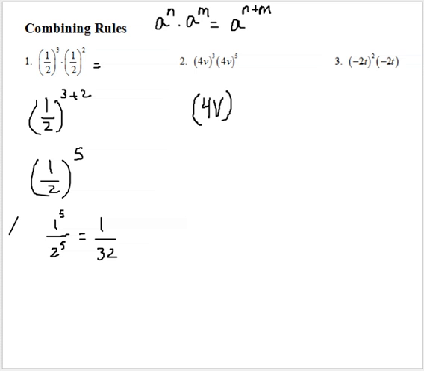No, not just 4. The base is another variable attached to that. What's the base? 4v, exactly. Now, what do we do with the exponents? We add them, right? Good.